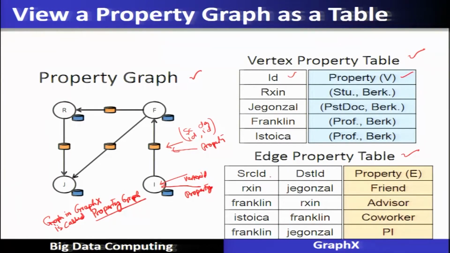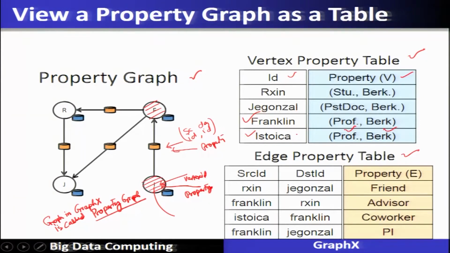We can see here, for example, vertex ID I and vertex ID F. Vertex ID I will have the property that it is a professor and it is from Berkeley.